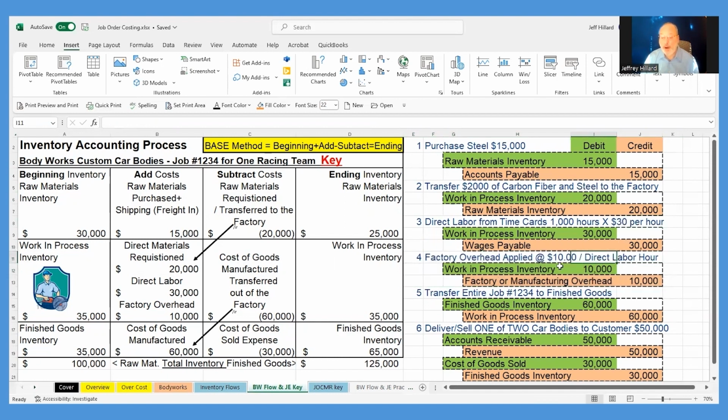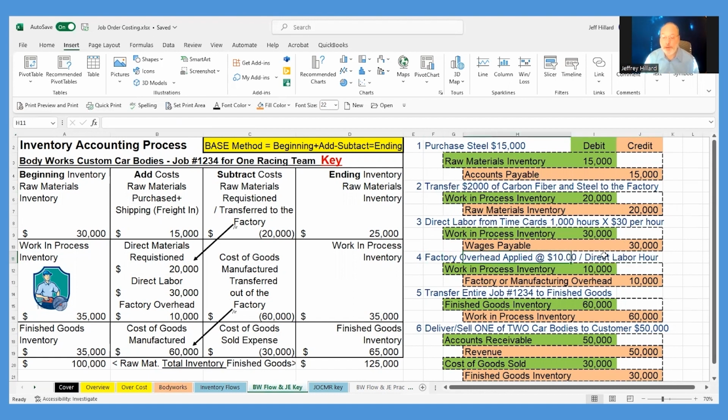Every hour they're going to work, they're going to incur $10 worth of supplies and utilities and all sorts of stuff like that, costs inside the factory, but it cannot be traced directly to the job.